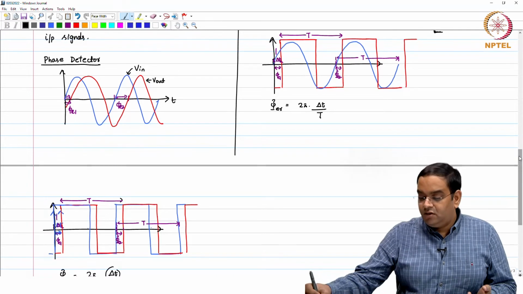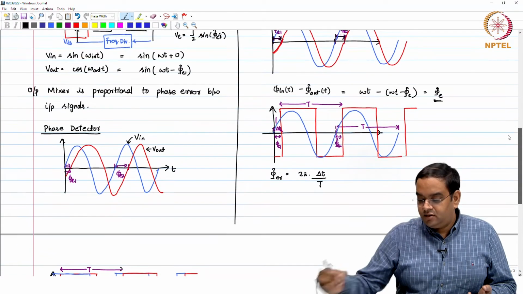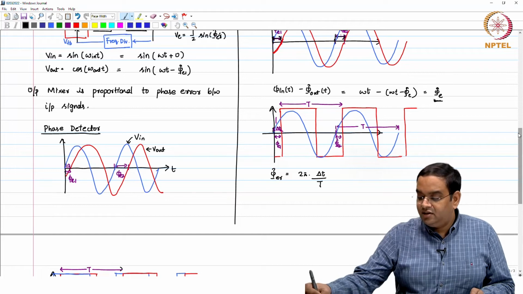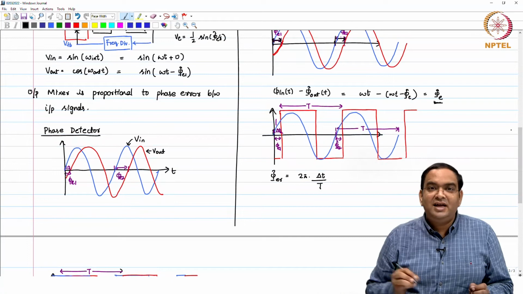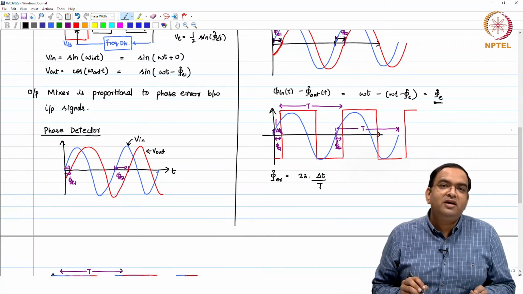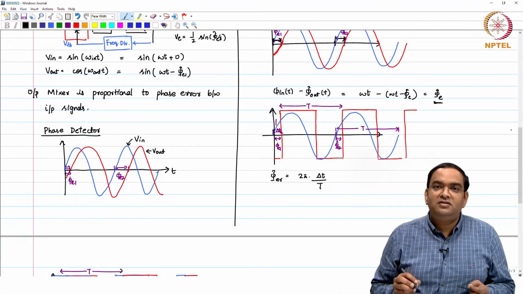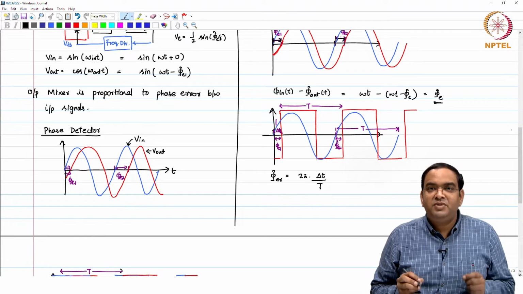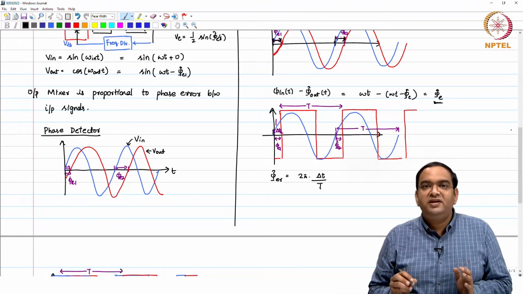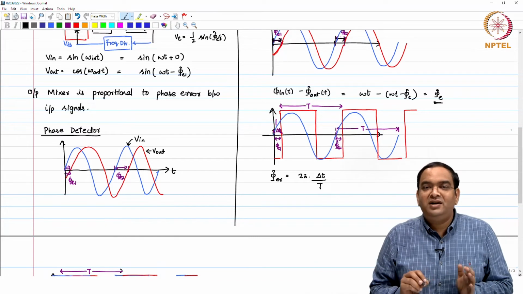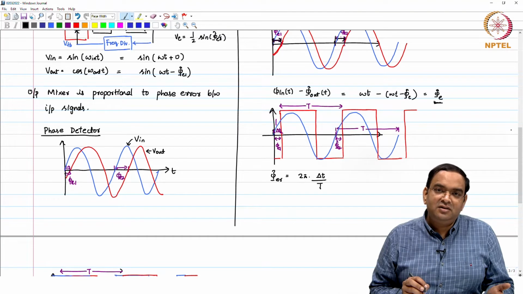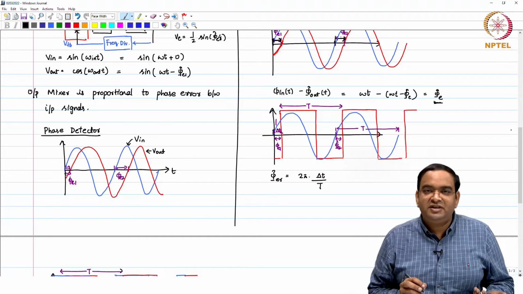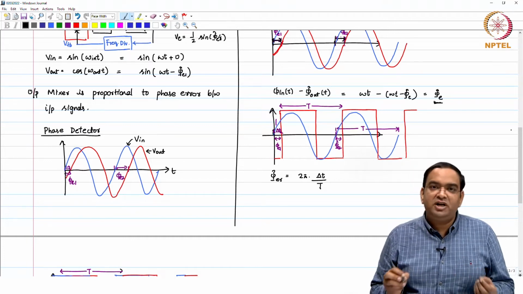Okay. Now, you can think of this phase error definition as only the timing error. Why are we only looking at the timing error? Well, a PLL is a block which generates a periodic signal whose period is intact, whose period does not change. So, your sine wave can be your reference signal and your square wave can be your output signal, or the square wave can be your reference signal and the square wave can be your output signal, whatever it is.